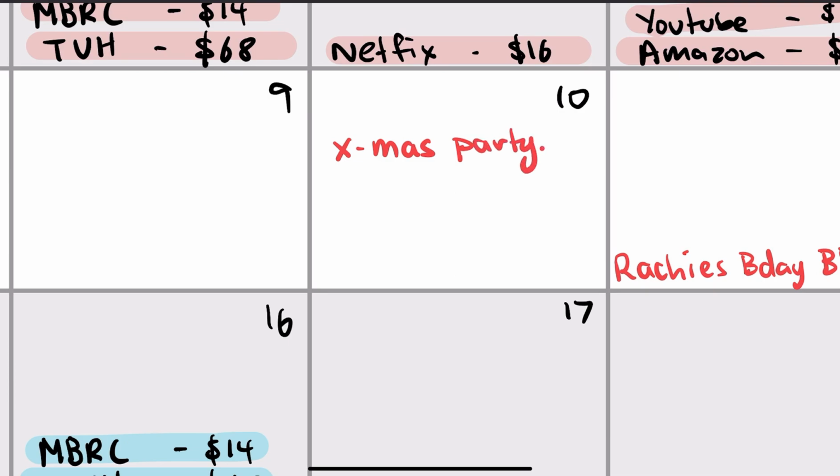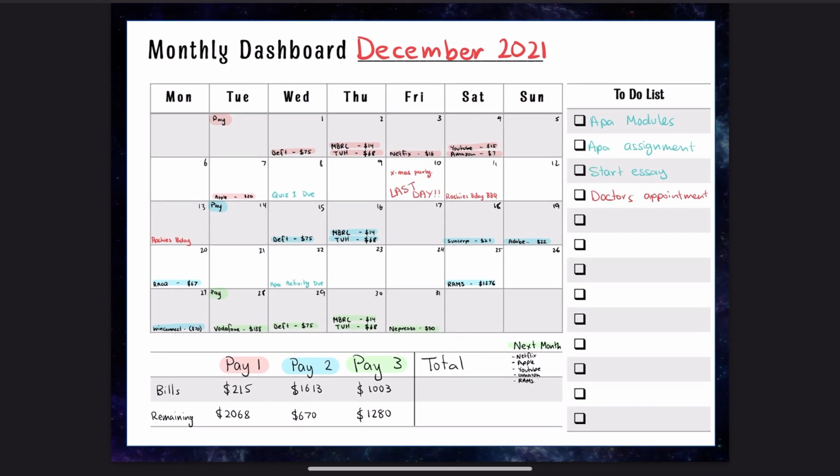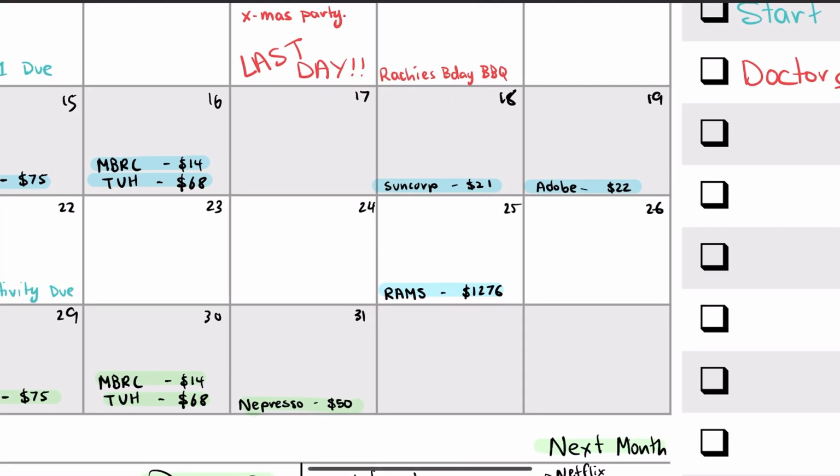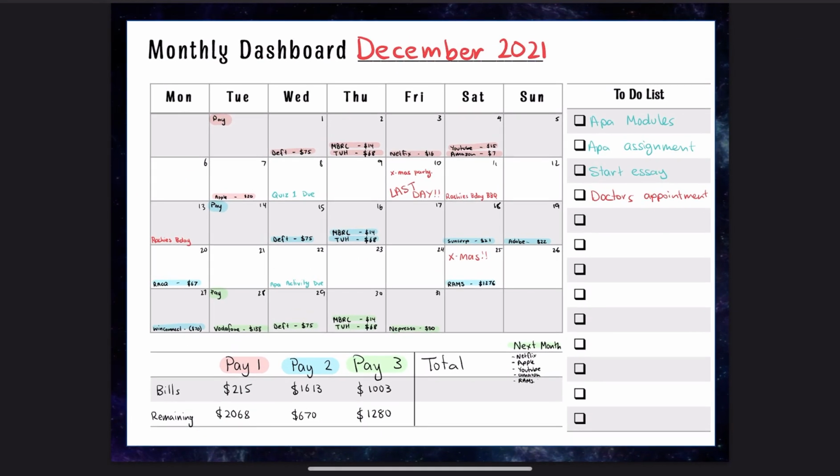This is going to be a big one. Last day. That's super exciting. So that's very, very clear there. And then, of course, on Christmas Day I have to pay a huge bill. It is Christmas. Super exciting.